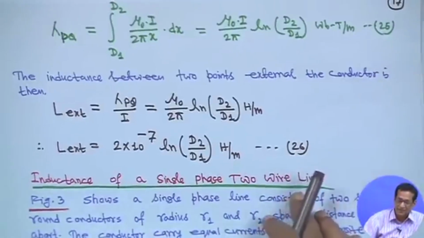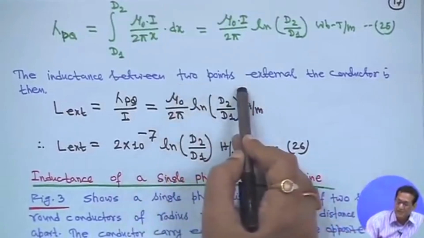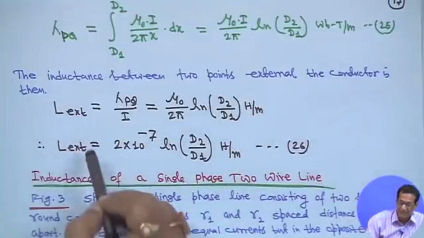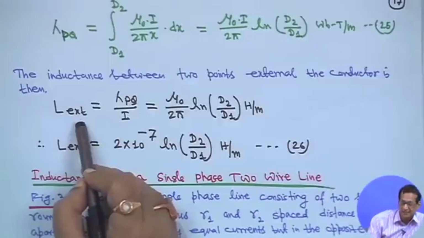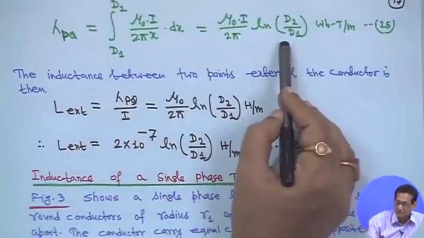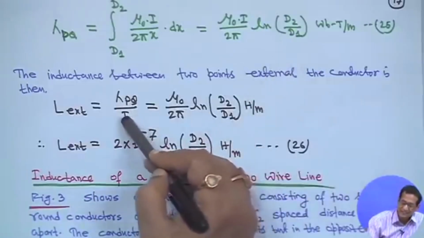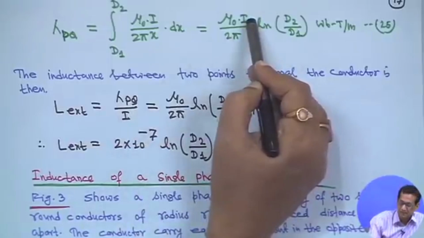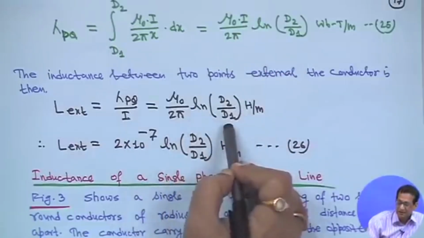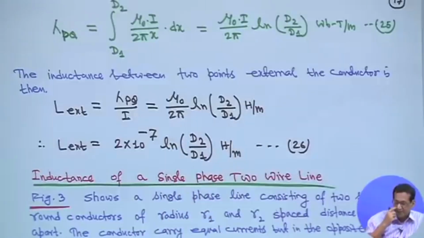Therefore, the inductance between 2 points, that is P and Q, external to the conductor, is then given by L external is equal to lambda pq upon I. So, lambda pq is this much divided by I, which means this I will be cancelled. So, it will be mu 0 upon 2 pi natural log ln d2 upon d1 Henry per meter.